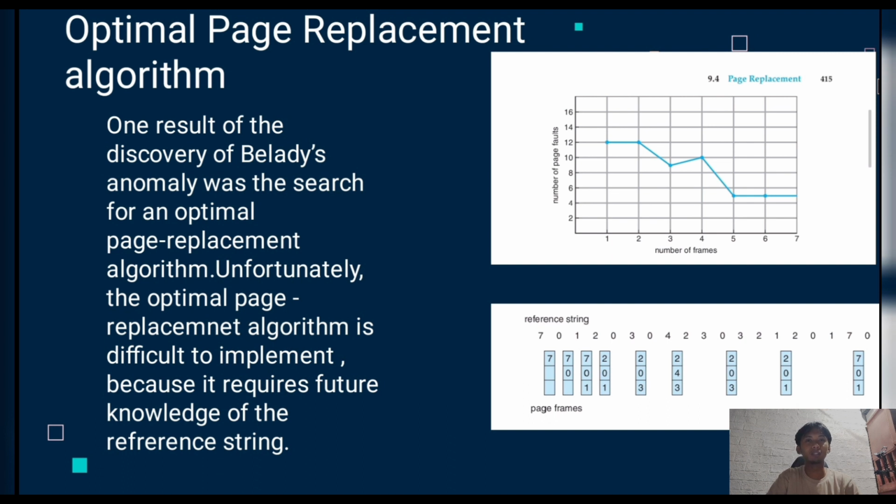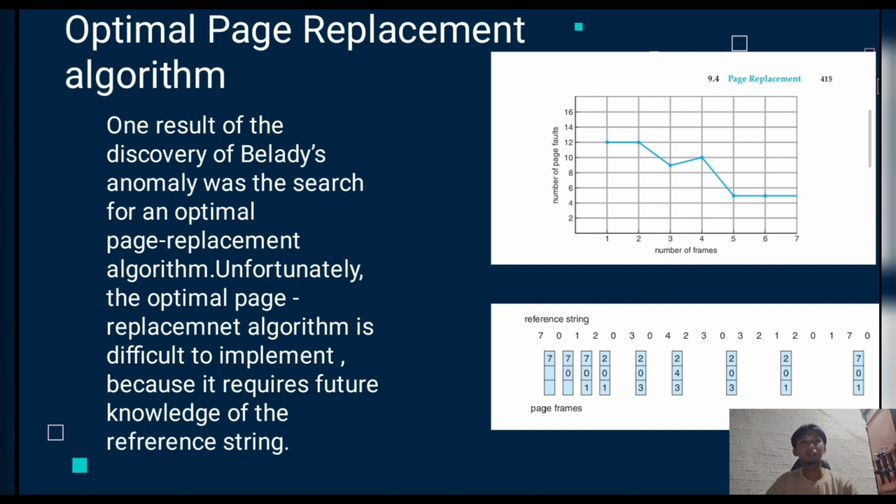It is simply this: replace the page that will not be used for the longest period of time. Use of this page replacement algorithm guarantees the lowest possible page-fault rate for a fixed number of frames.